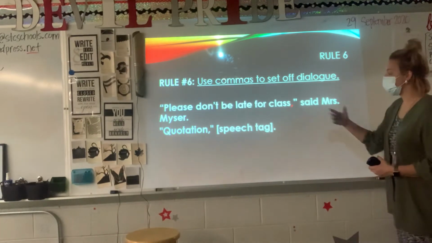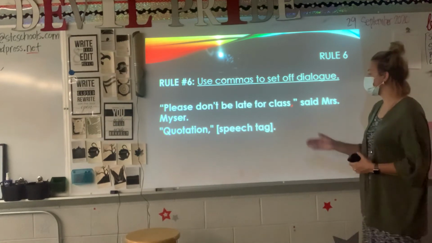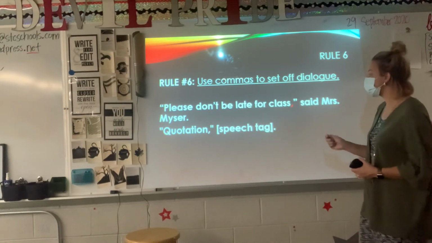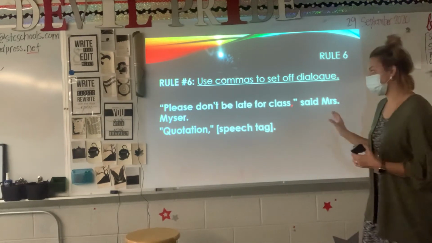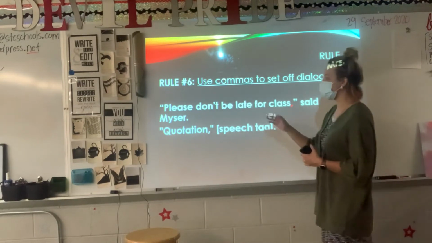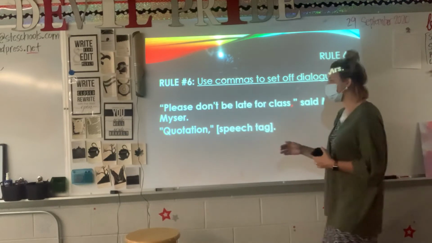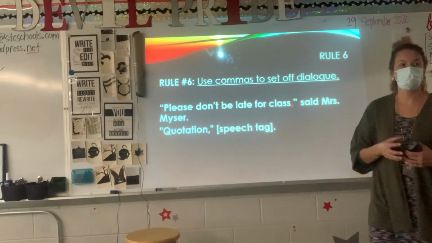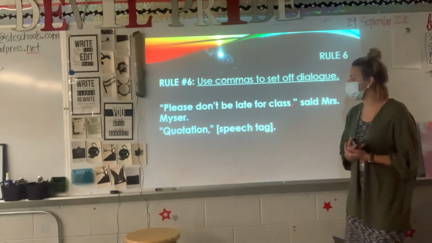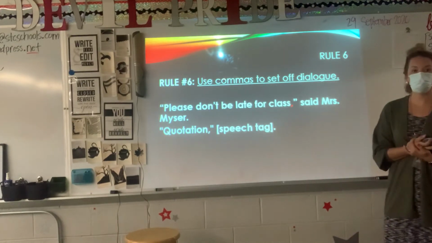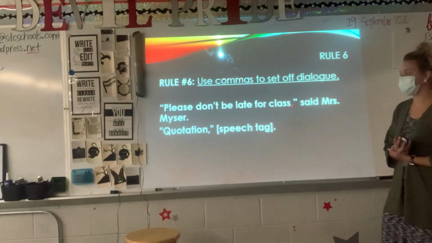But for this case, just simplified: "Please don't be late for class," said Mrs. Miser. The comma goes within the quotation. If I were to reverse this, Mrs. Miser said, "Please don't be late for class," the comma would go outside of the quotation marks. You guys know this rule, we've been practicing it for a while, but go ahead and come up with your own dialogue for number 6, just as an example.